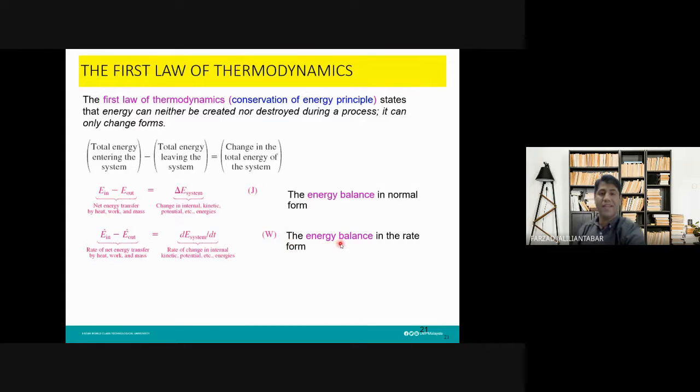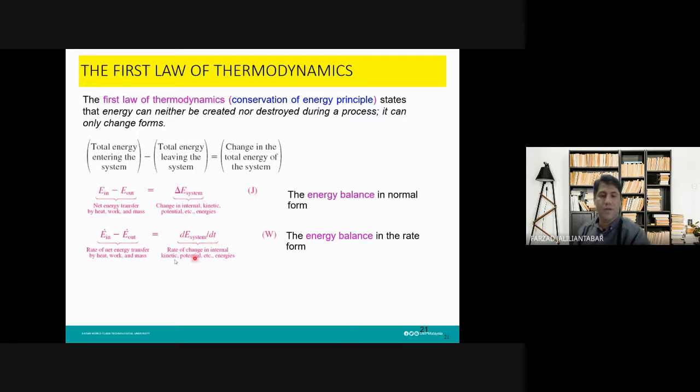The energy balance in rate form, in other words for open systems, is like this: E dot in minus E dot out equals dE of the system divided by dt. You need to know that when we have the word rate, it means per time. So rate of energy transfer by heat, work, and mass means per time: how much energy is coming to the system or going out from the system, and over time how much the energy of the system will change.